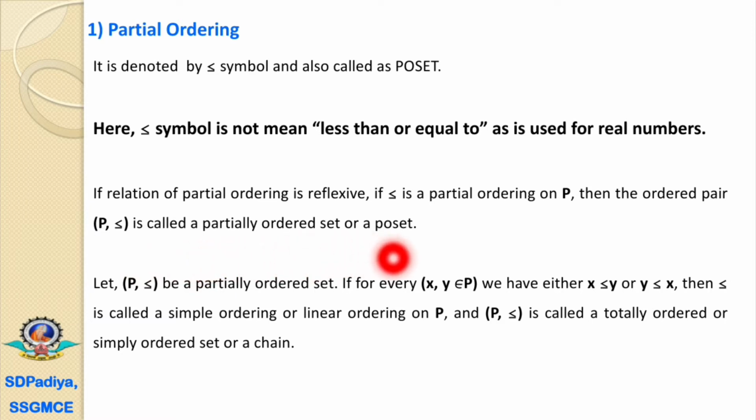If for every pair of elements x, y belonging to the set P, we have either x has a partial order relation with y or y has a partial order relation with x, then the partial order relation is called a simple ordering or a linear ordering on the set P. Such a set is called a totally ordered or simply ordered set, or in general a chain, because it follows a chain-like structure.